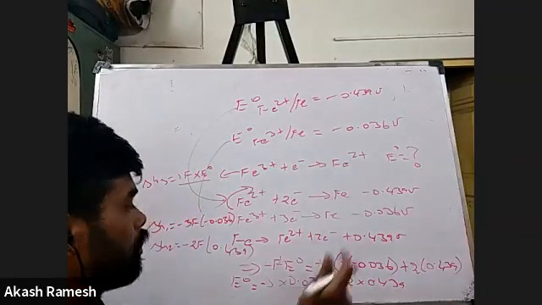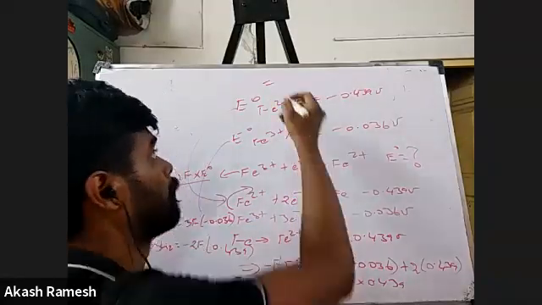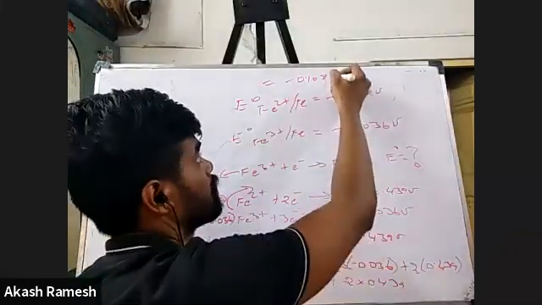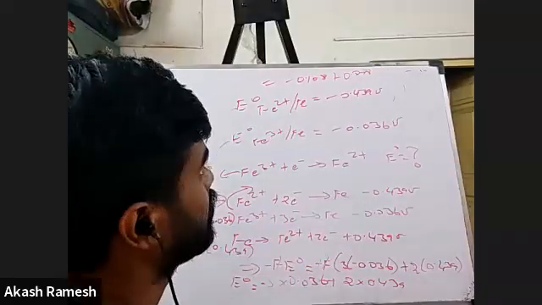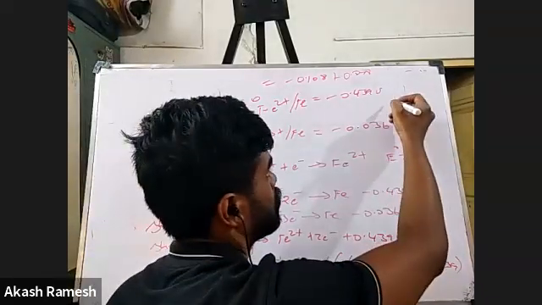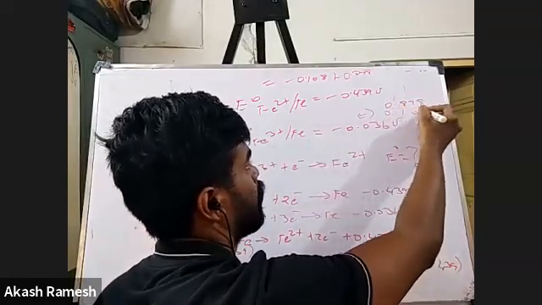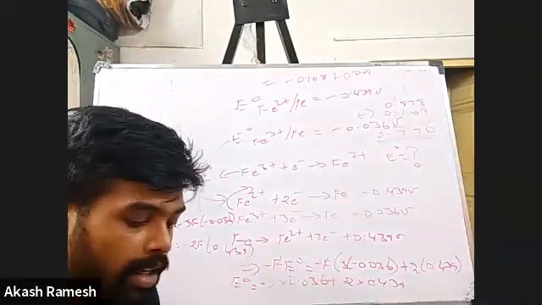So this value is minus 0.108 plus 2 into this, which becomes 0.878. So 0.878 minus 0.108 is 0.770. That's the answer.